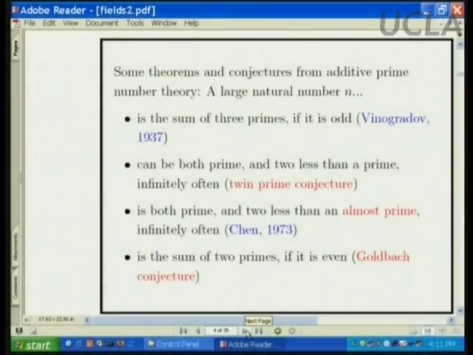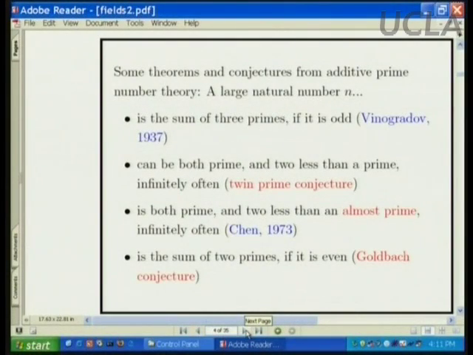It only works when n is large enough. There is a conjecture, called the odd Goldbach conjecture, that in fact every odd number bigger than 7 or something should be the sum of 3 primes. But it's not known for all numbers, only all big numbers. What does big mean? I think the world record right now is all numbers bigger than 10 to the 1346. All odd numbers that are that big or higher are sums of 3 primes. So there's a gap that people are still trying to fill.